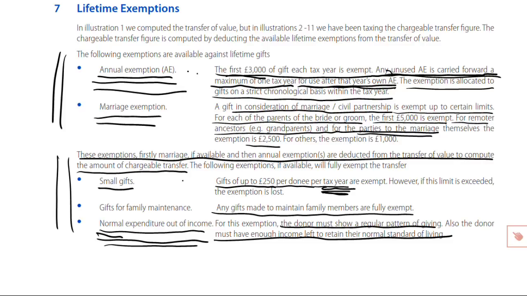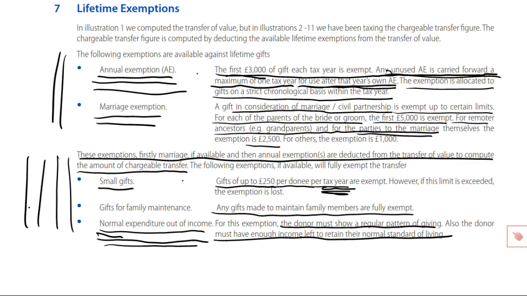Clearly, if it's not on the occasion of marriage, there is only the annual exemption. Those are deductions from the transfer of value to give you the chargeable transfer figure. For any of these down here, there is no deduction from the transfer of value. It is simply that the transfer of value is exempt, so there is no chargeable transfer whatsoever.